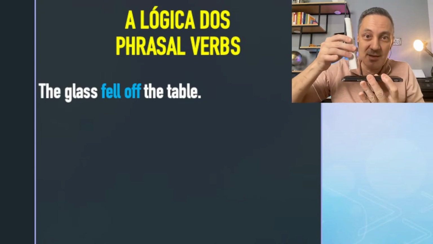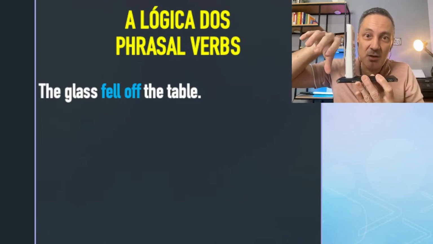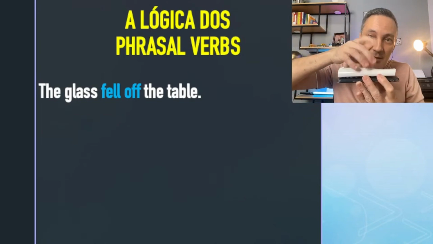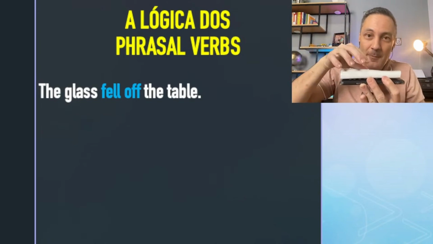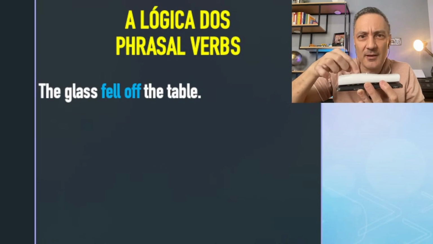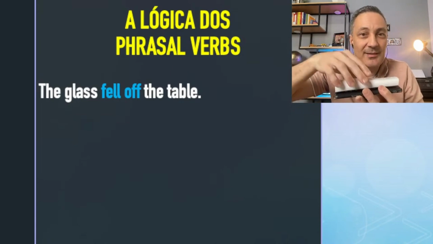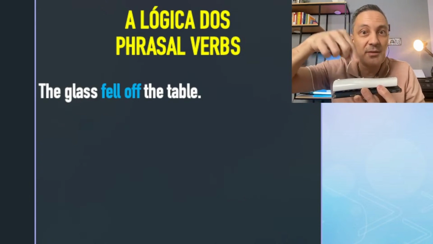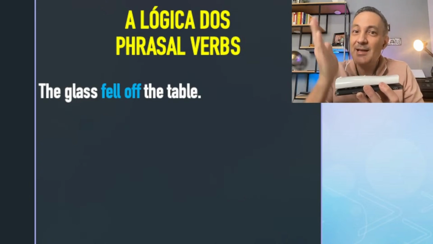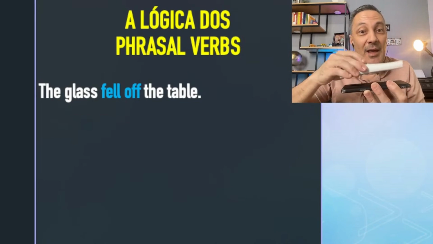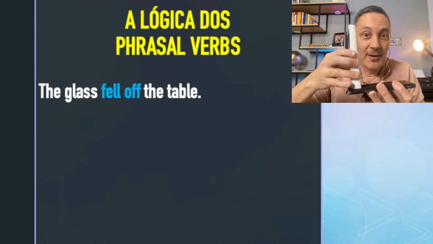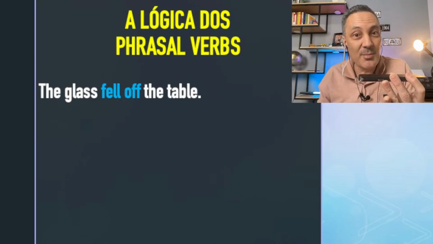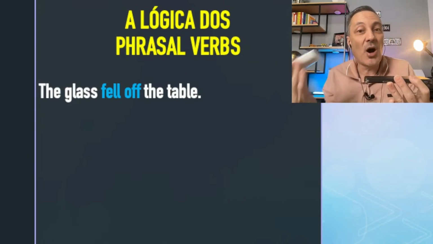The glass is upright and I knock on it and the glass tips over and then the glass fell on the table. You see, the glass was on the table, it fell, but it remained on the table. You see, so the glass fell on the table. If the glass fell, but it's not on the table anymore, the glass fell off the table.